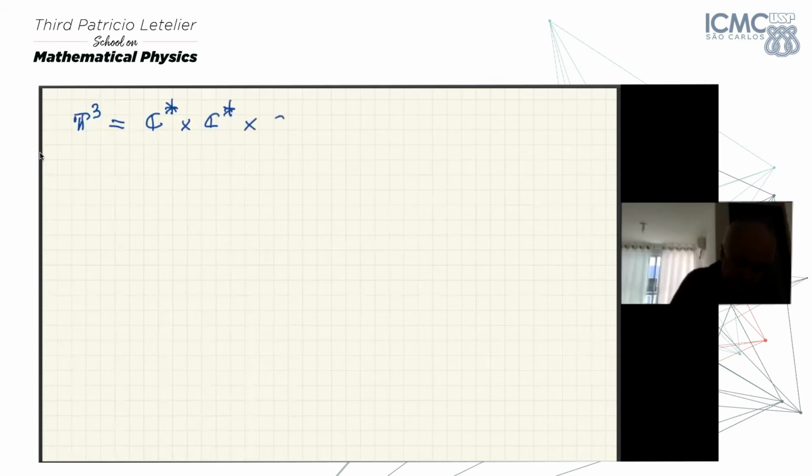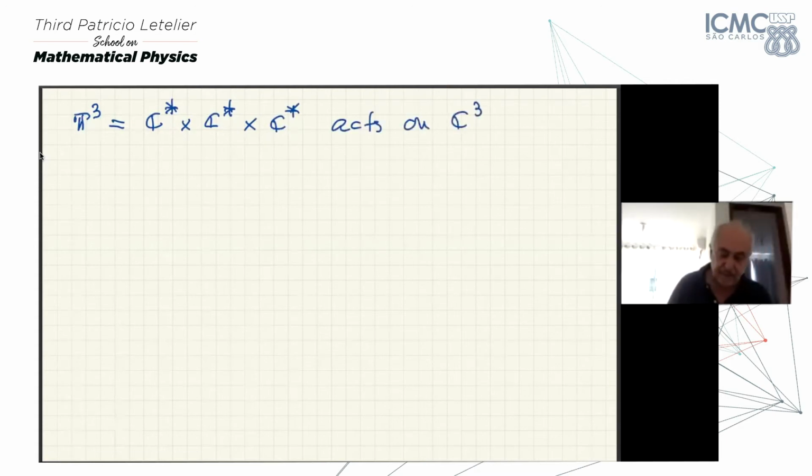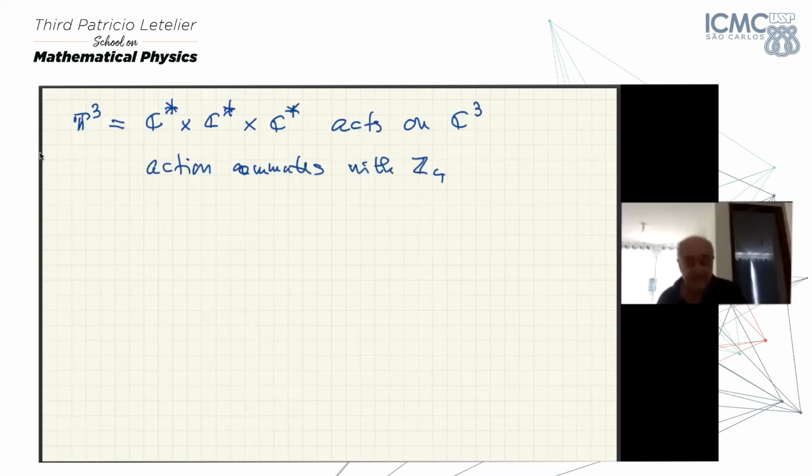This, of course, acts on C3, and it's just a diagonal action. In a trivial way, the action commutes with the action of Z4, which is diagonal as well. As a result, the quotient is a toric variety.